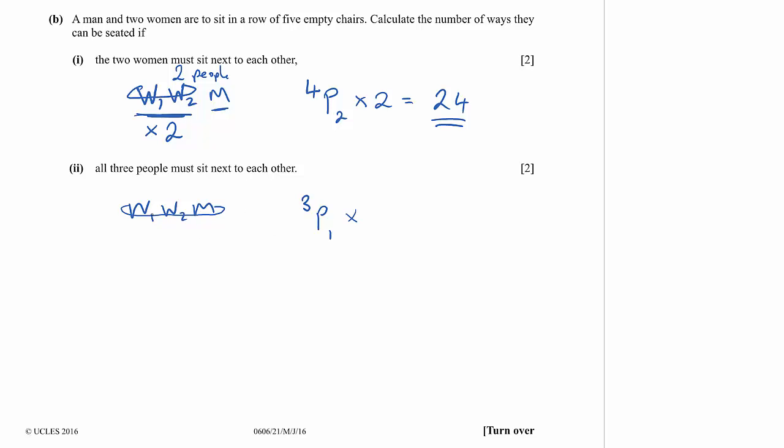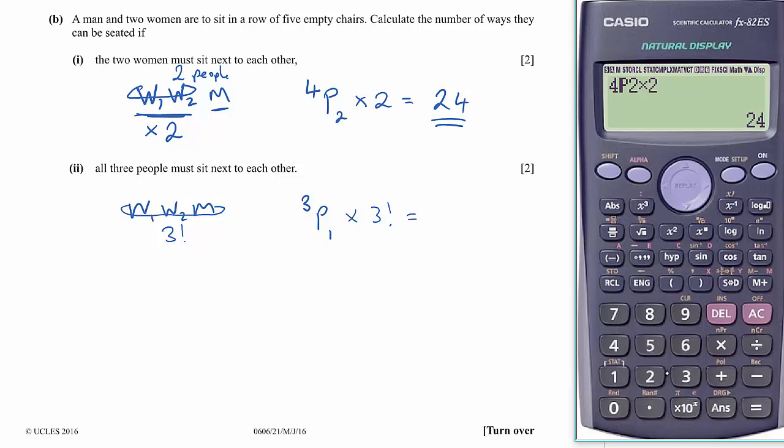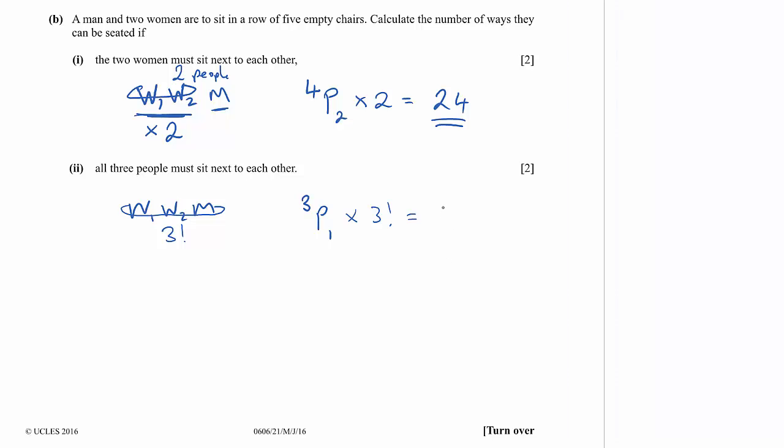But these within that block can be rearranged 3 factorial ways. So what we have there is 3P1 multiplied by 3 factorial, which of course is 6, and that gives me 18.